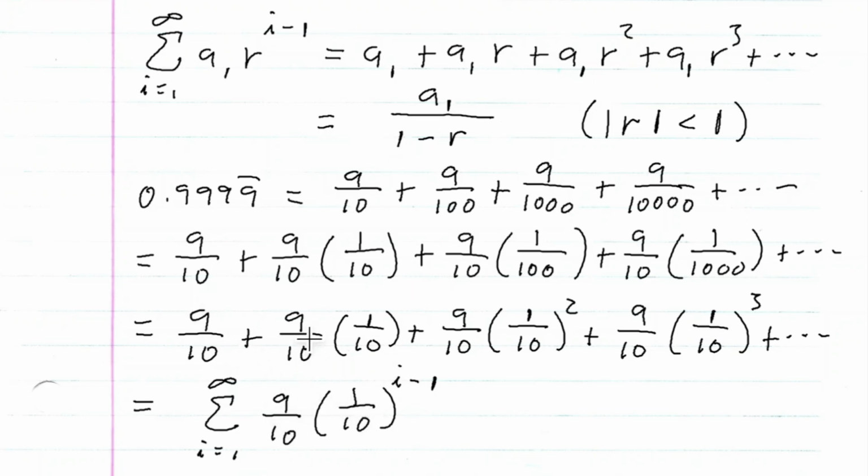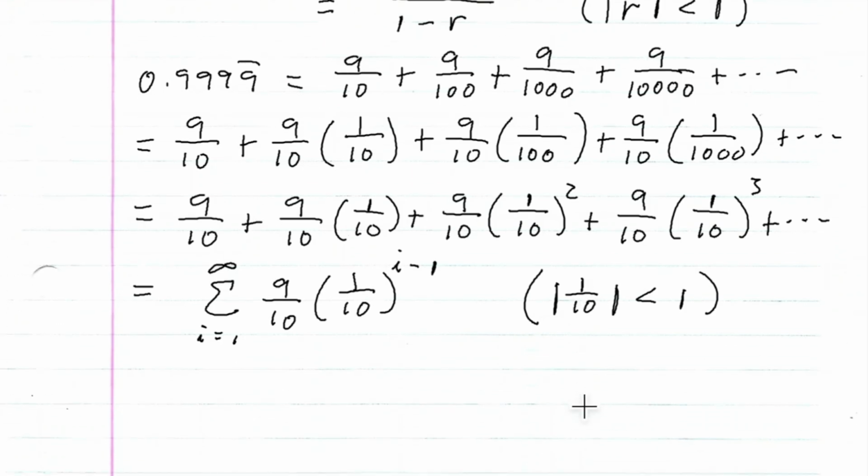For the second term, it's going to be 9 over 10 times 1 over 10 to the 2 minus 1, which would be 9 over 10 times 1 over 10, and so on, right? So we know that this is the same thing as this. And we have r, which is the absolute value of 1 over 10, is, of course, less than 1. So we know all the conditions are met for the infinite geometric series, right?